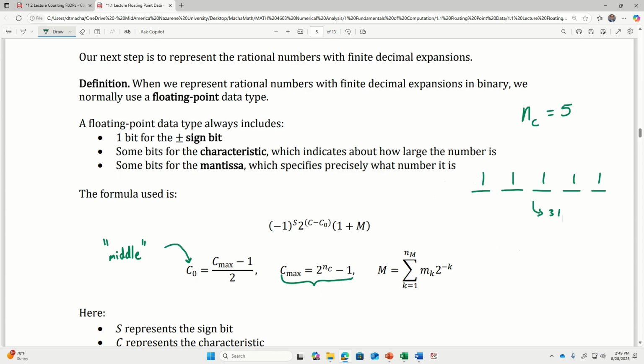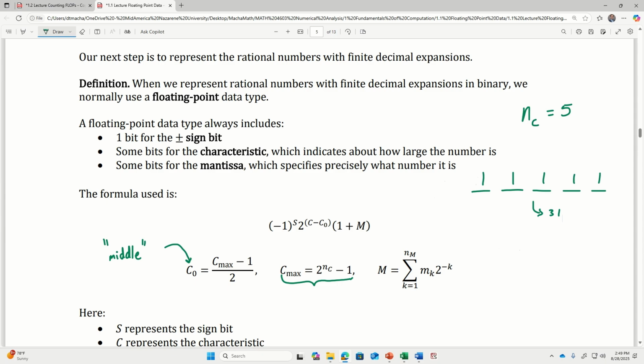The reason we want to subtract C0 away from what you actually get from your characteristic number is because we want to be able to get to really big numbers, which is positive values of this exponent. 2 to a positive value would be a big number. And we also want to get to really, really little numbers as well. We want the full range of scales from aircraft carriers down to atoms or molecules.